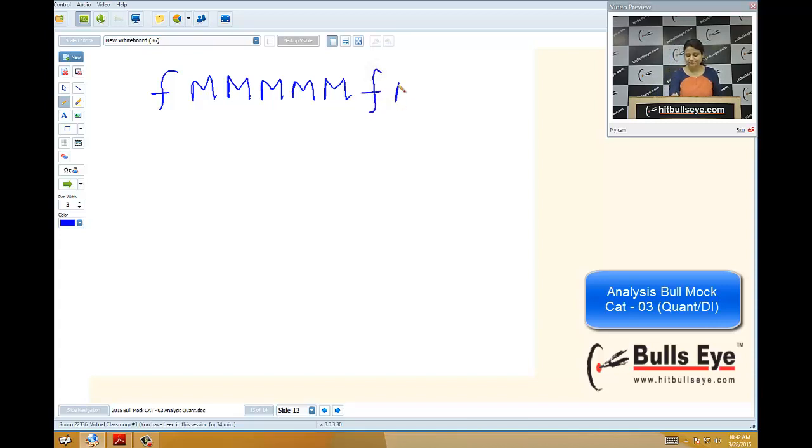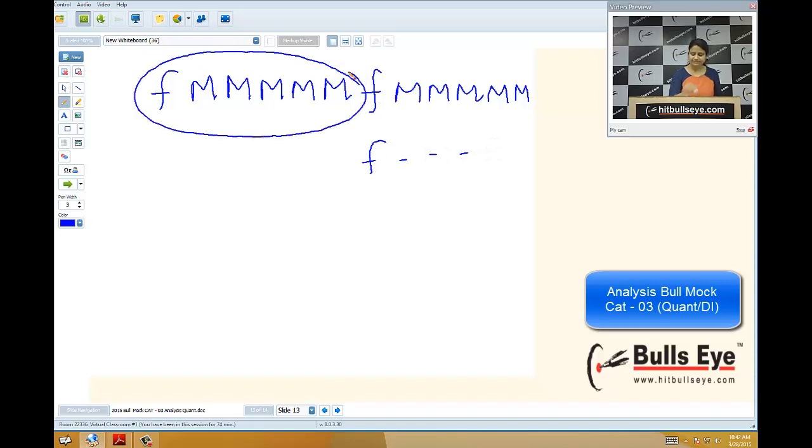Then a female. Again 5 males. Then a female. And so on. It means I'm getting a block of 6 in which there are 5 males and a female. How many candidates were there? 5,005. I'm dividing it by 6. It comes out to be 834.